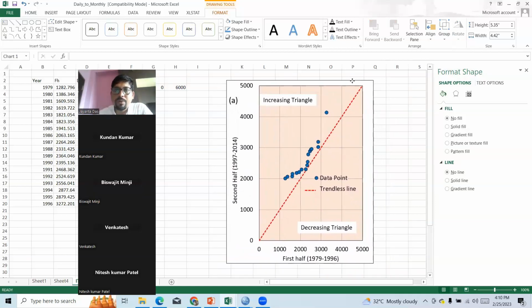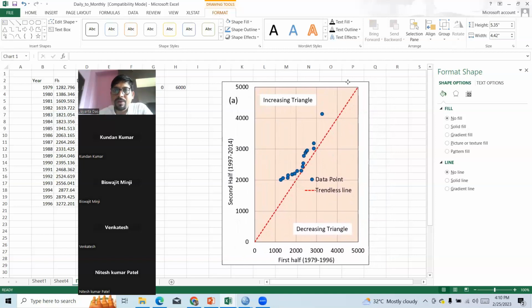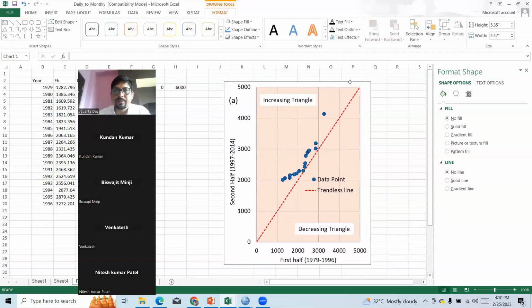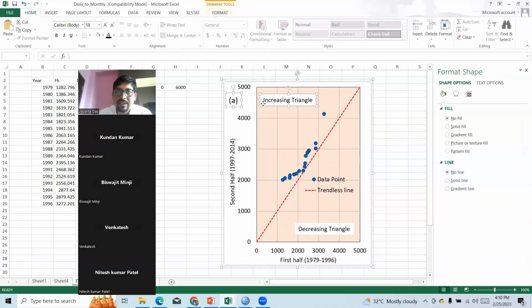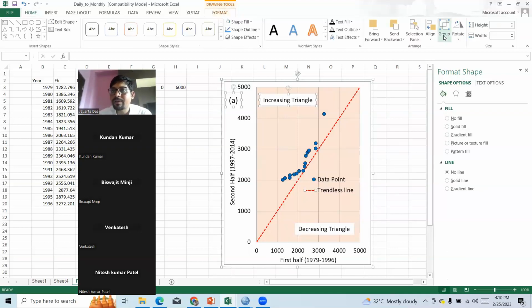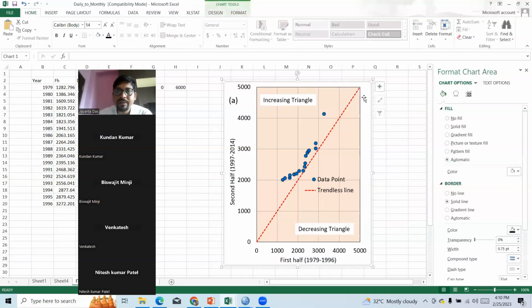No, we have to make group. Again, select it. Select this. Select this also. Yeah. Go to format. Ungroup first, then regroup. Now copy it.